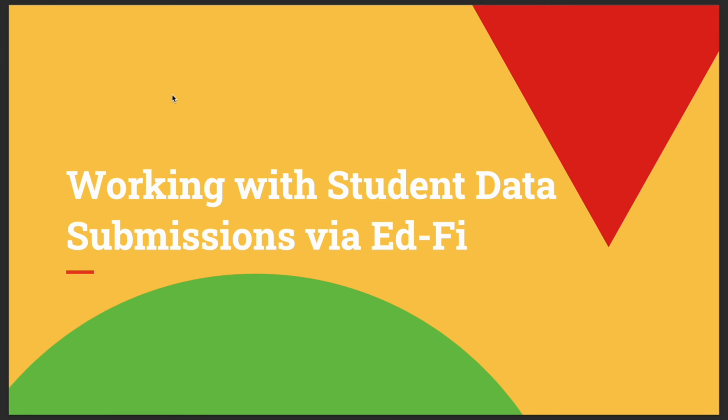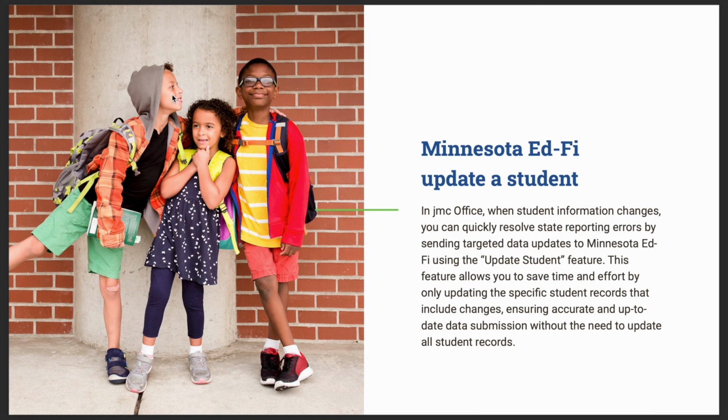In a similar method to updating course data, you can update individual student data as well. So typically you would update students by grade level, but if you have individual students that are erroring out on you and you need to update individual students, this helps streamline that process.